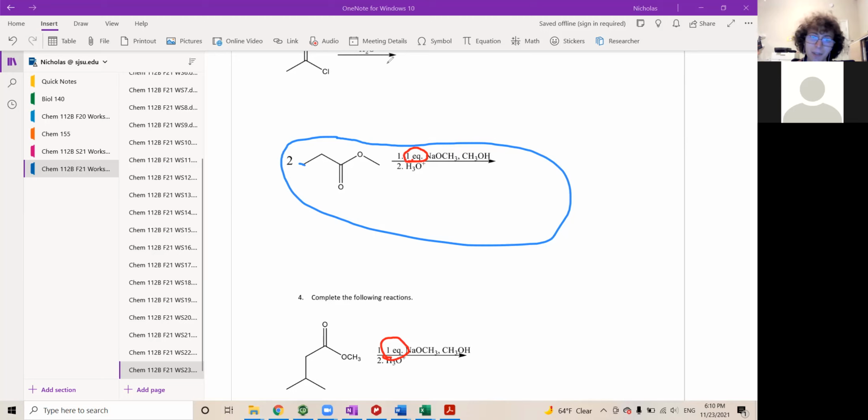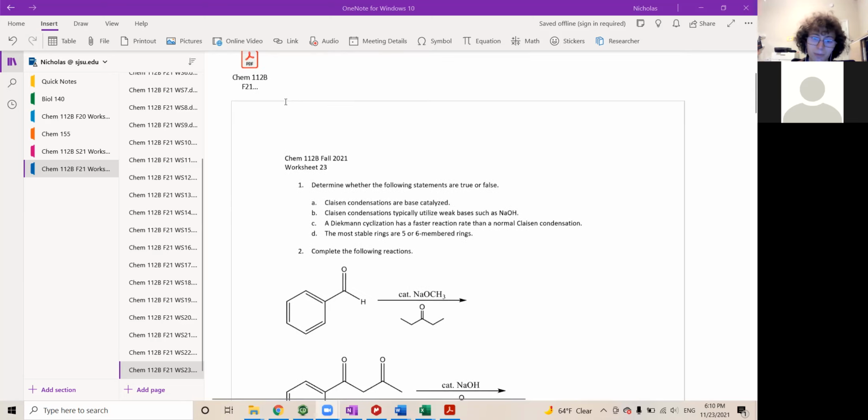And then in the mechanism, we'll see that the base isn't regenerated. So that's another sign that it's promoted. So that's all to say that this is false, because it uses a full equivalent.